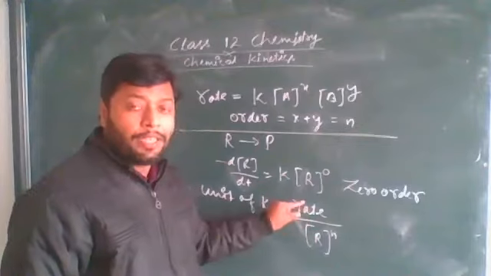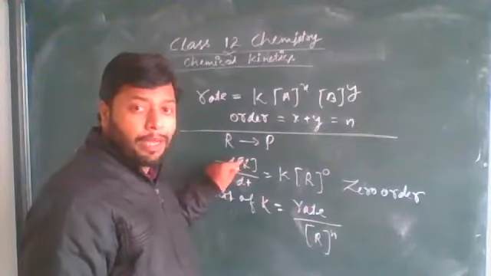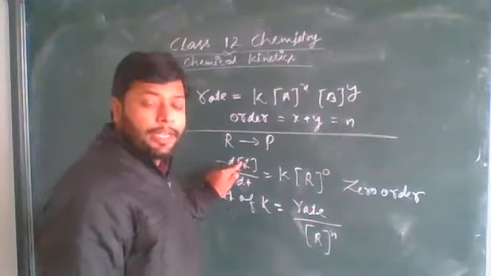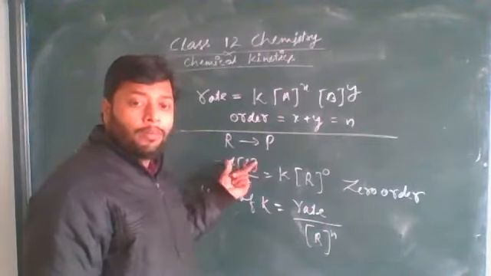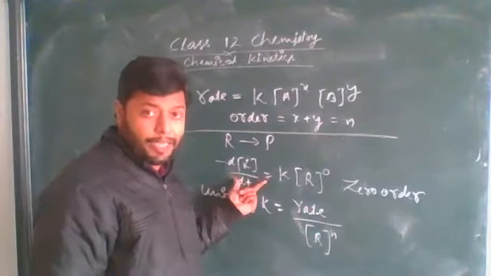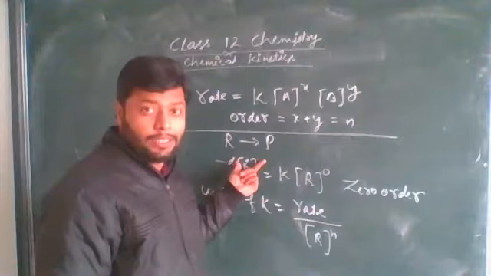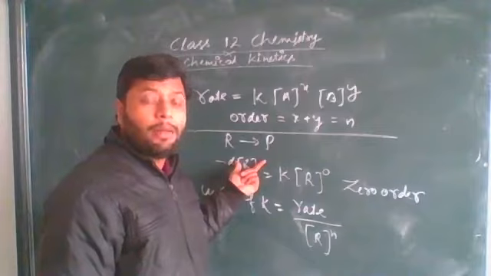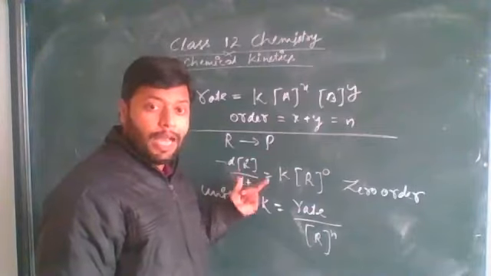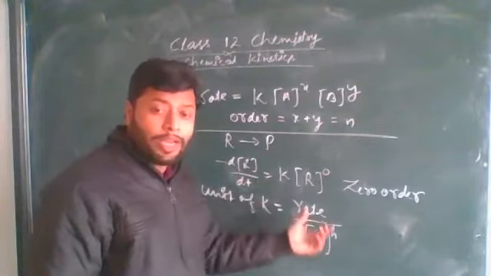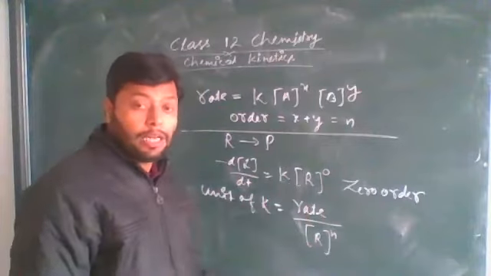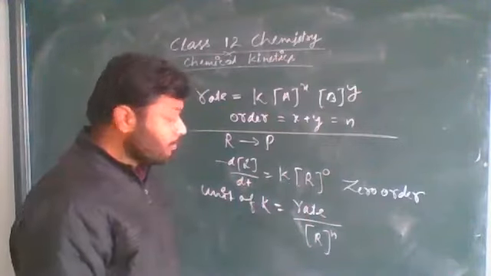The rate equals the molar concentration upon the time taken, so this will be mole per liter in terms of concentration. In terms of pressure, this will be bar or atmosphere, and time inverse. So you can calculate the unit of k also.